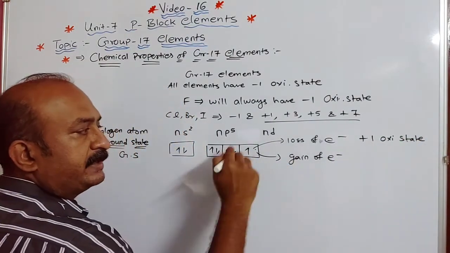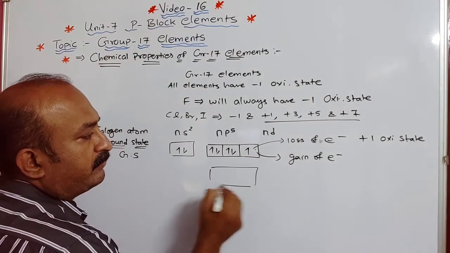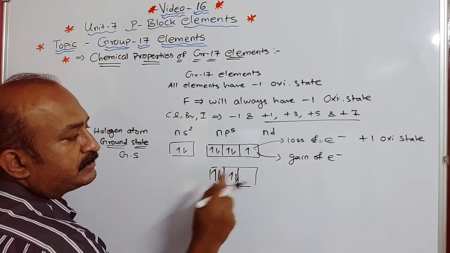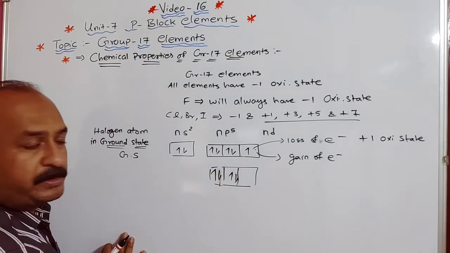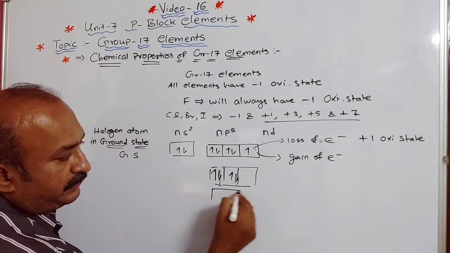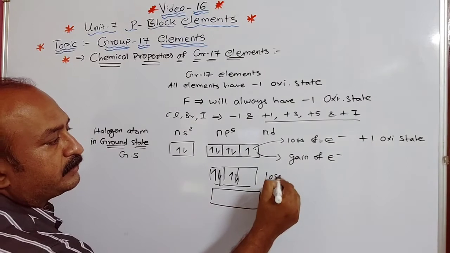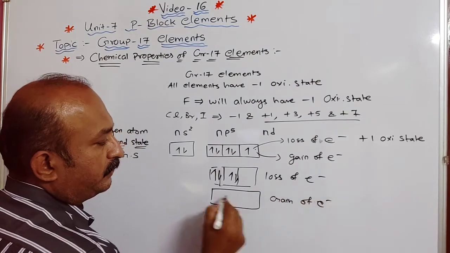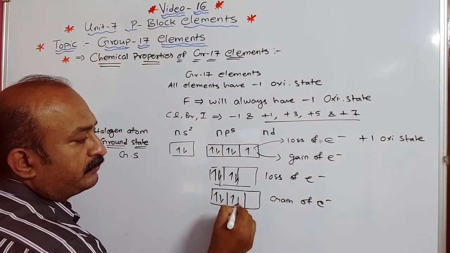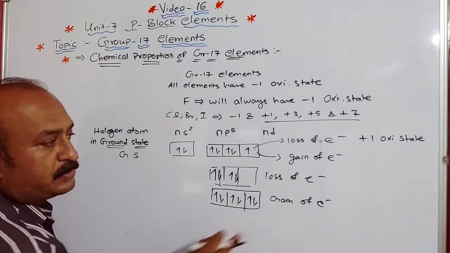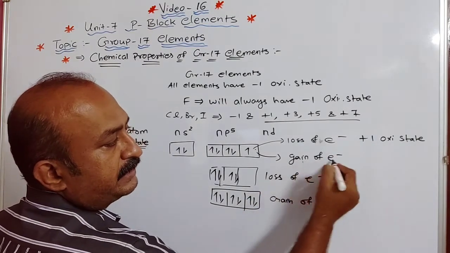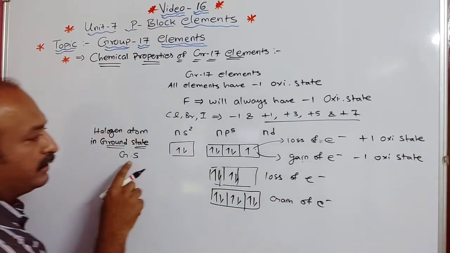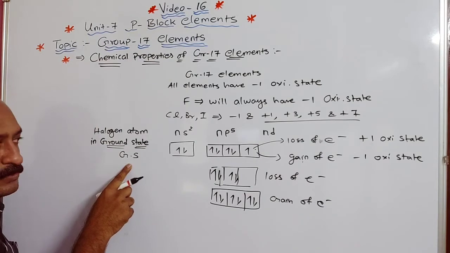If it gains one electron, you will see this configuration. So loss of electron gives +1 oxidation state, and gain of electron gives -1 oxidation state. Understood? Now this I am talking about in ground state.